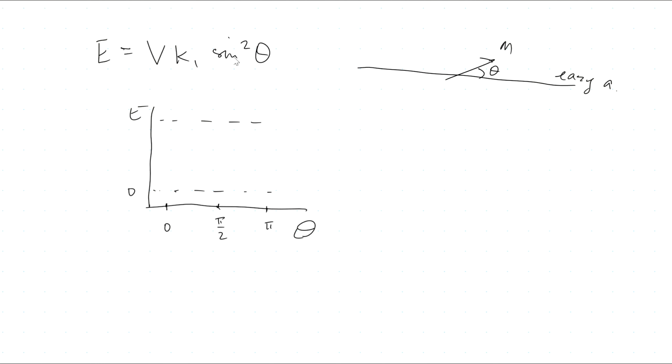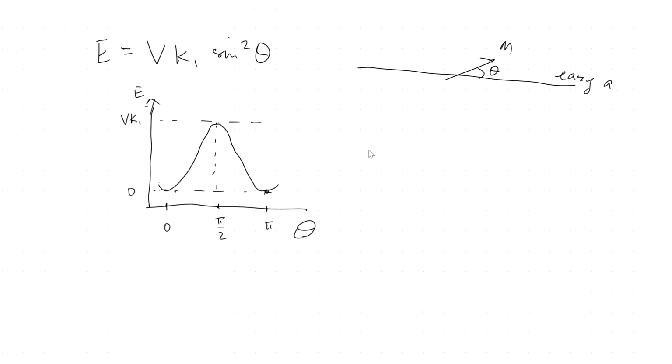The maximum would be when sine theta is equal to 1. So that would be V times K1, and that is the energy. Well, to the best of my abilities: minimum here, minimum there, maximum here.